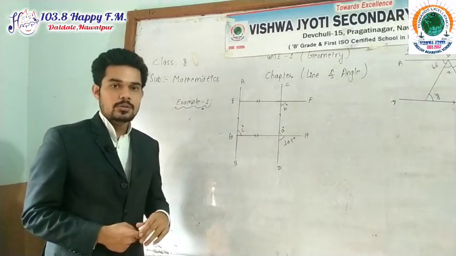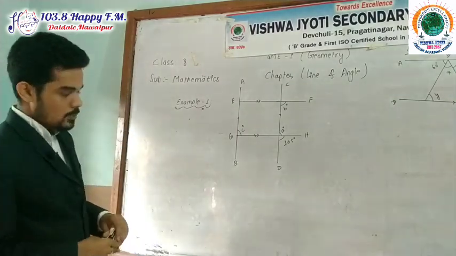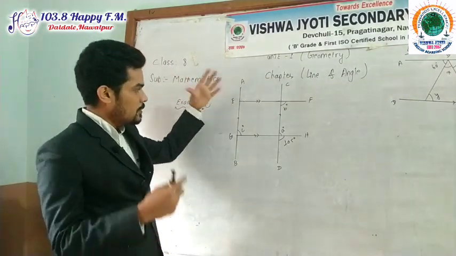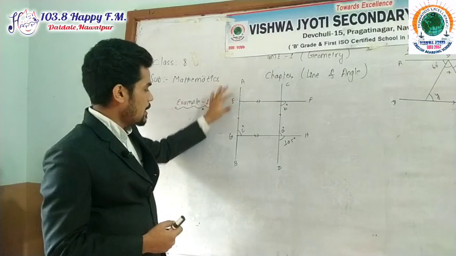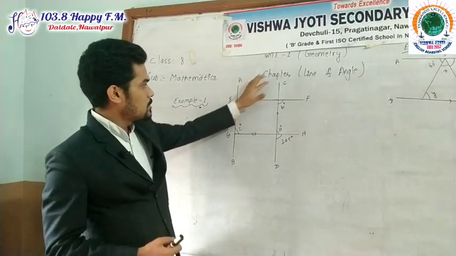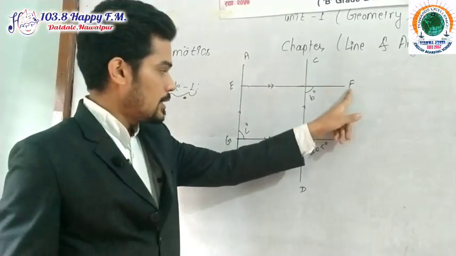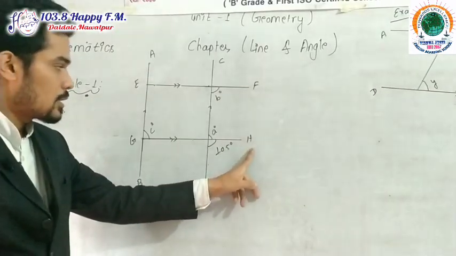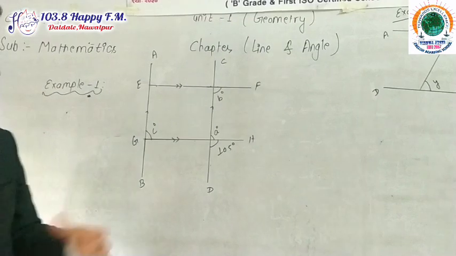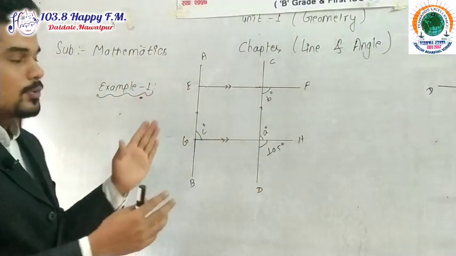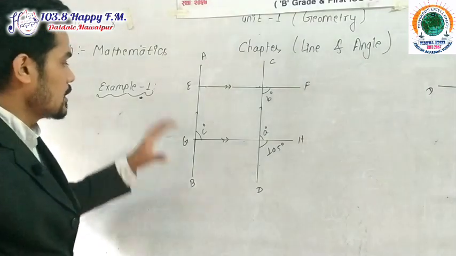Let us go to the first example, number 1. Look, you can see here AB is a line, CD is another line, EF is another line, and GH is another line. These four lines intersect each other.